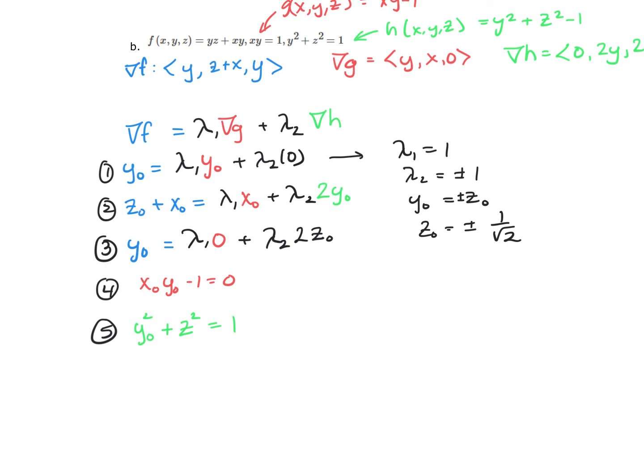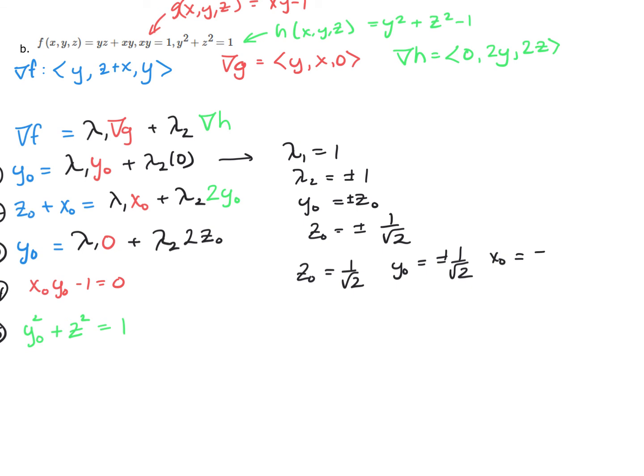And so let's start with the iteration. So if z naught is equal to 1 over the square root of 2, then y naught is going to be plus and minus 1 over the square root of 2. And that x naught could equal plus and minus the square root of 2. So I could have square root of 2, 1 over the square root of 2, 1 over the square root of 2 as a possible choice.